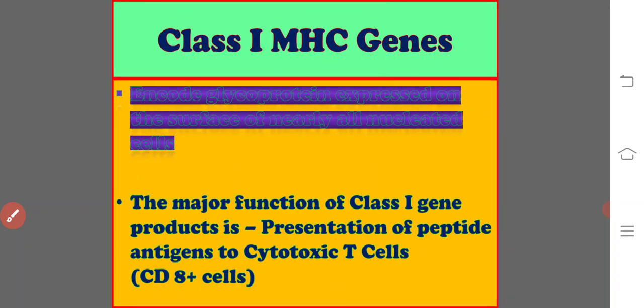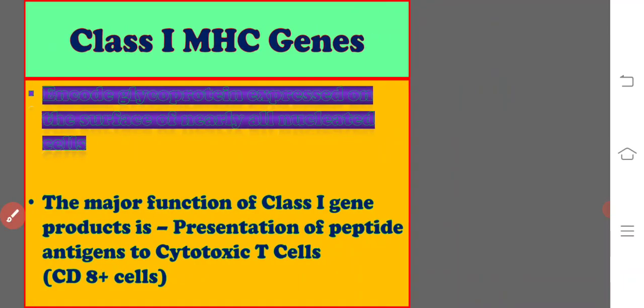And coming to the class 1 MHC genes. Class 1 MHC genes encode glycoproteins expressed on the surface of nearly all nucleated cells. The major function of class 1 gene products is presentation of peptide antigens to cytotoxic T cells or CD8 cells.